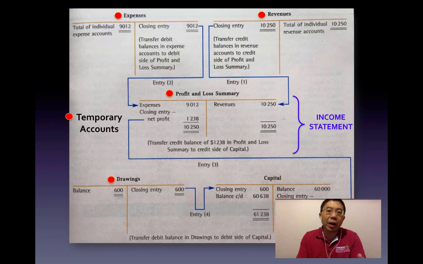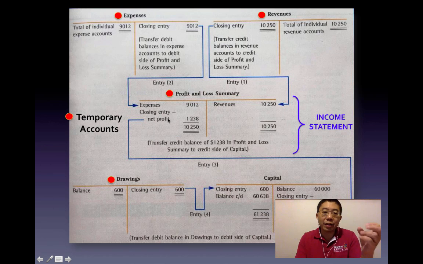If the revenue side exceeds the expenses side, you would have a profit, and that profit in this case is $1,238. Now, that P&L summary itself is also a temporary account, because after calculating the profit, that profit is transferred from the P&L account to the capital account of the owner.